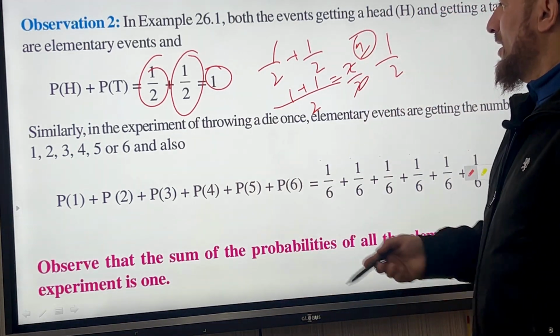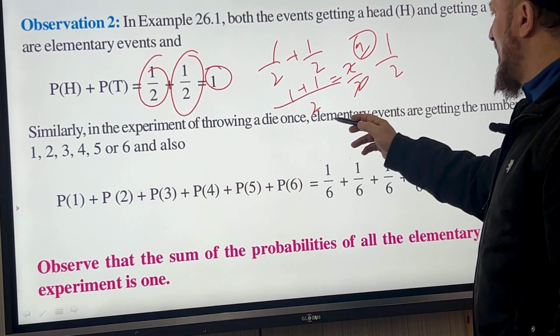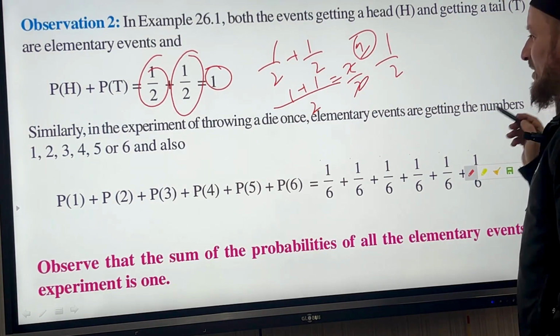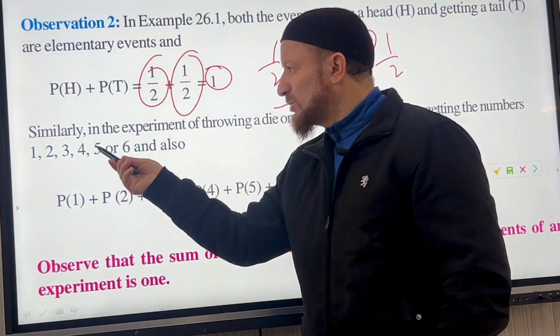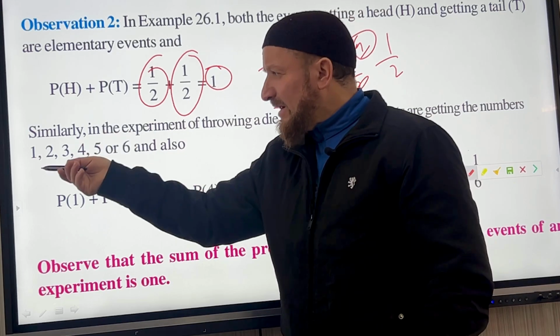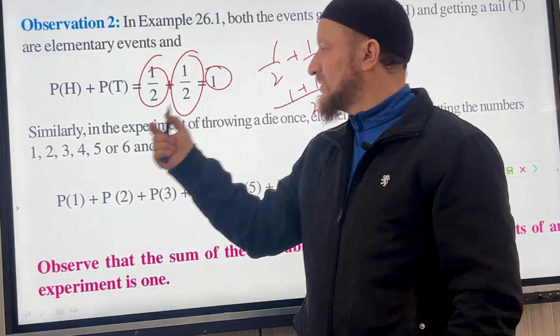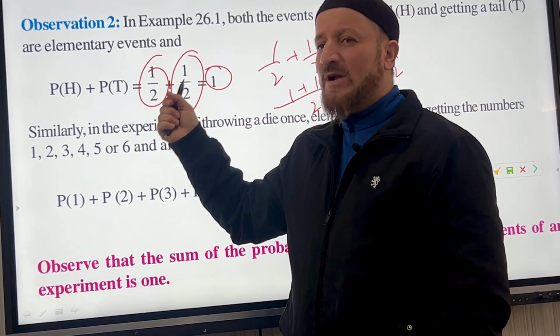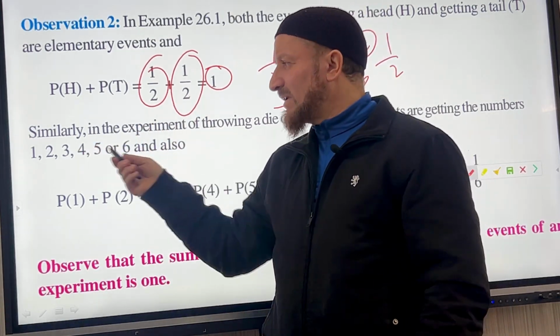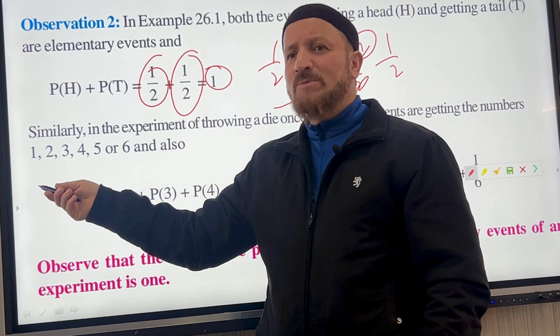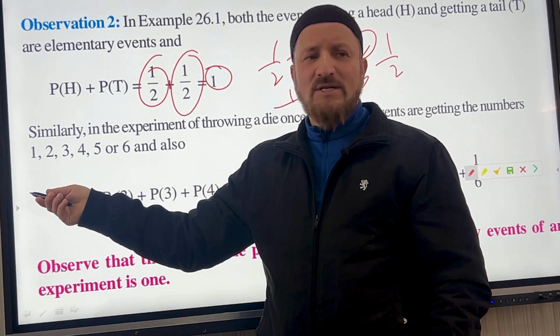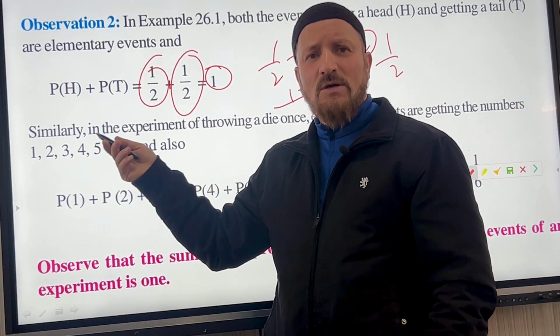Getting? In the experiment throwing a dice once, elementary events are getting the numbers 1, 2, 3, 4, 5, 6, है ना? What is the probability of getting 1? What is the probability of getting 2? What is the probability of getting 3? What's the probability of getting 4? What's the probability of getting 5? What's the probability of getting 6? Each and every one has 1 by 6.